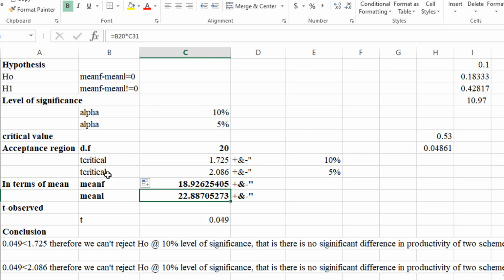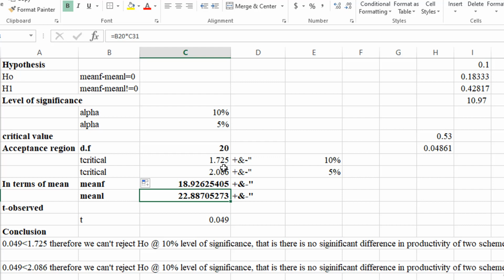So at 10% level of significance it is 1.725, and I have used a table that has been given in your course book. If you use another book or table from some other source, you can divide 10% by 2, which is equal to 0.05, and it is a two-tailed test, so you will get the same value, 1.725 plus minus.